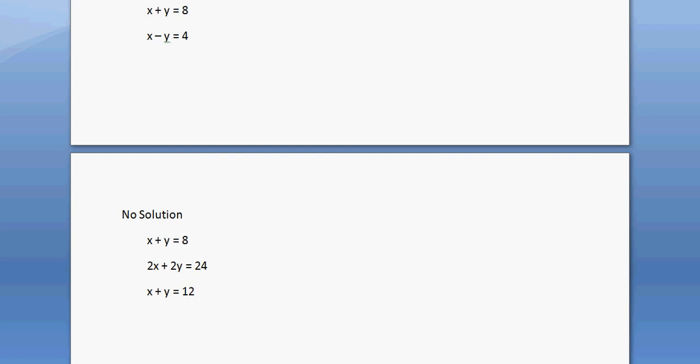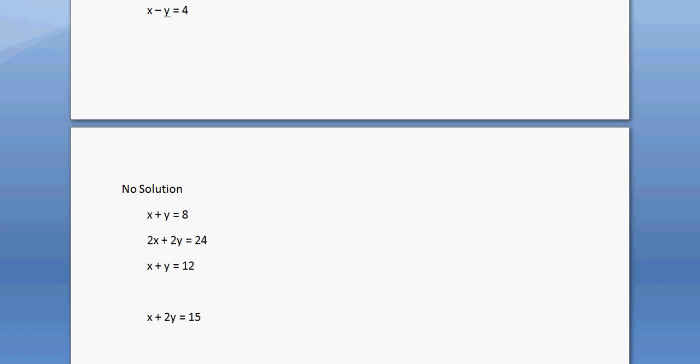Let's say the first equation is x plus 2y is equal to 15. The second equation is something like 20x plus 40y is equal to, let's say, 15 only.